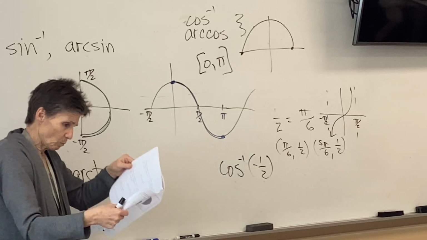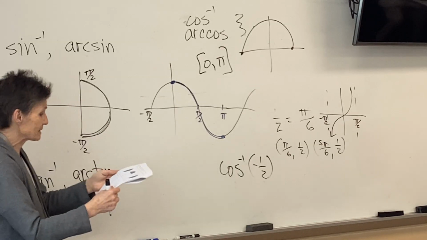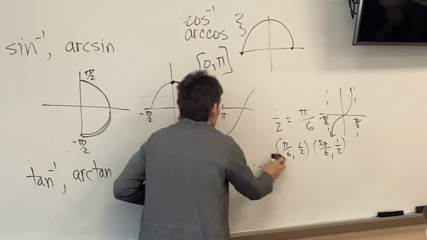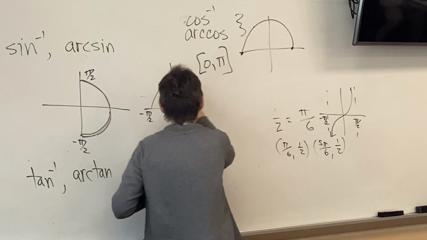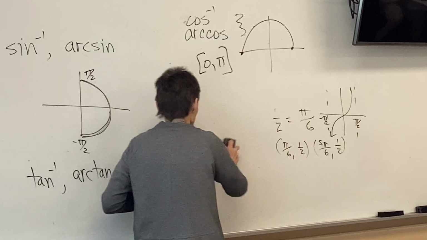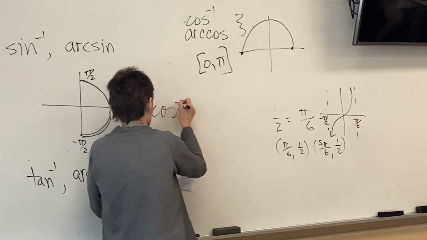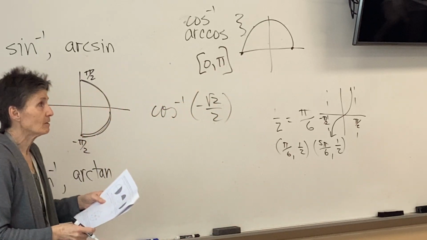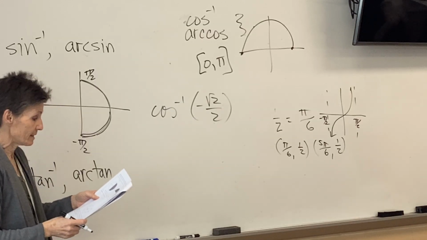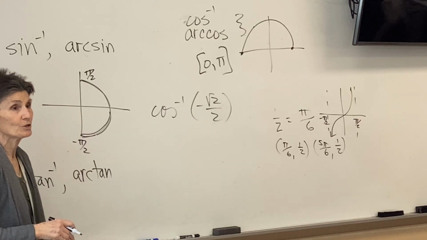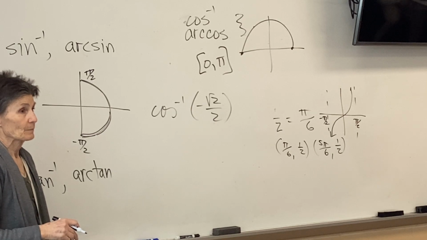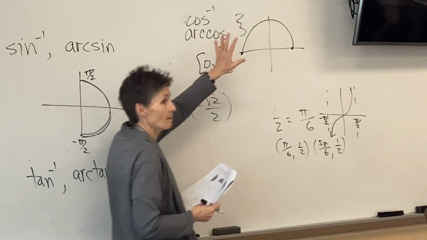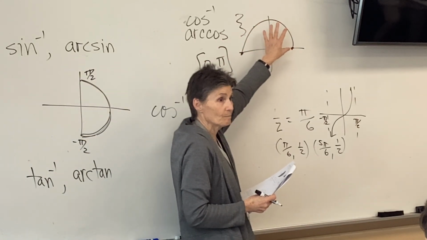Example 2, here we go. Evaluate the following expressions. So think about the part of the unit circle that you are allowed to look at. You want to find the angle whose cosine is negative root 2 over 2. What part of the circle am I allowed to look at? For inverse cosine, I'm looking at the top half of my unit circle.